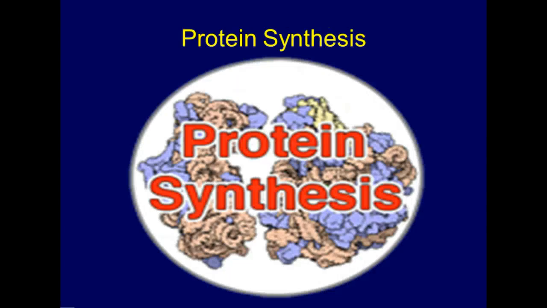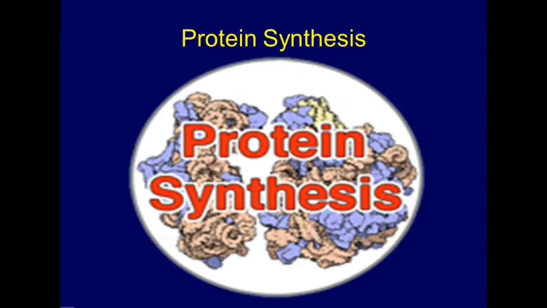Okay, now first a general overview of protein synthesis, and then we'll get into some detail about each of the processes involved. First, write in your notes that the information content of DNA is in the form of specific sequences of nucleotides along the DNA strands found in the nucleus of a cell.